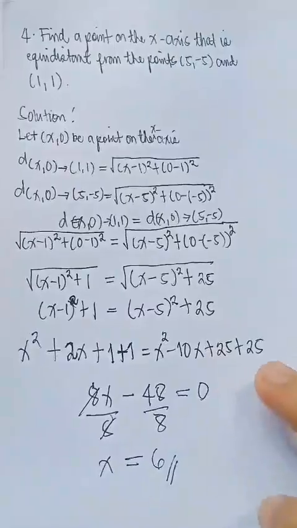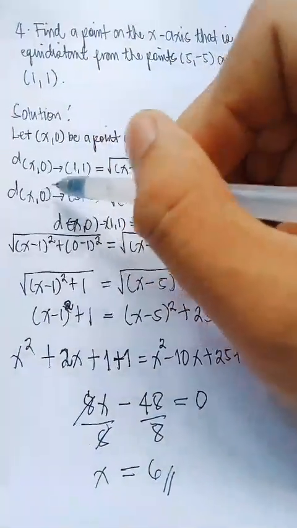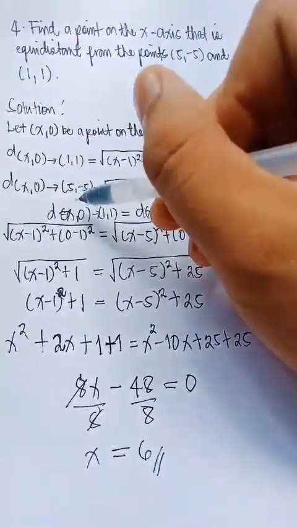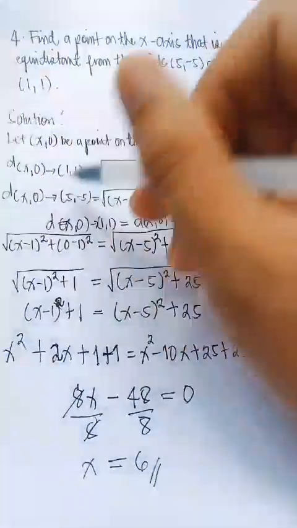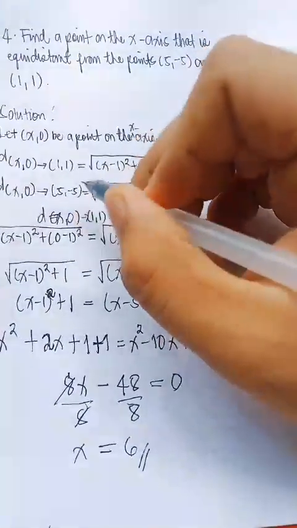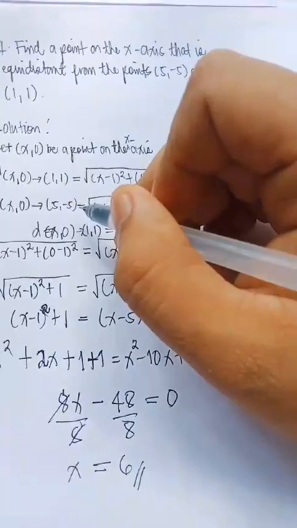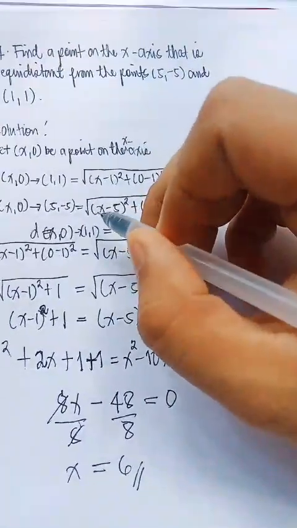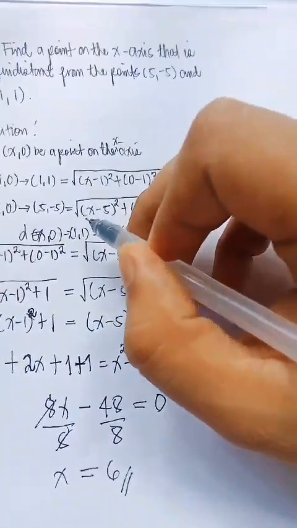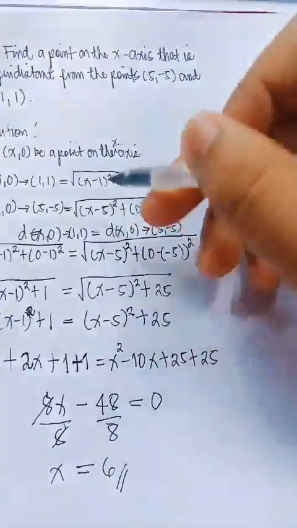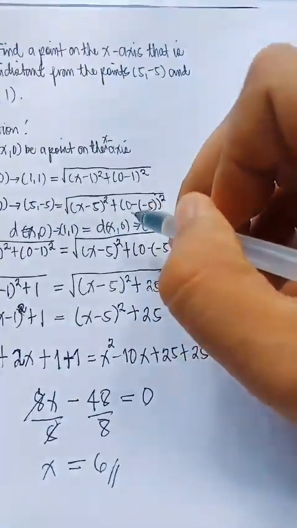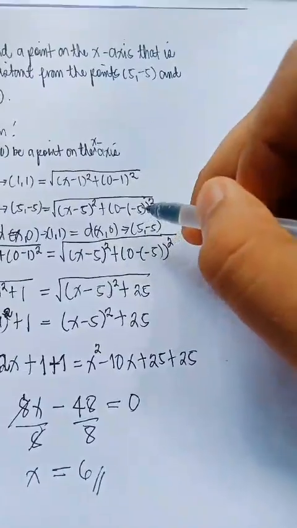The other is d of (x, 0) to (5, -5), which is equal to the square root of (x minus 5) raised to 2 plus (0 minus -5) raised to 2.